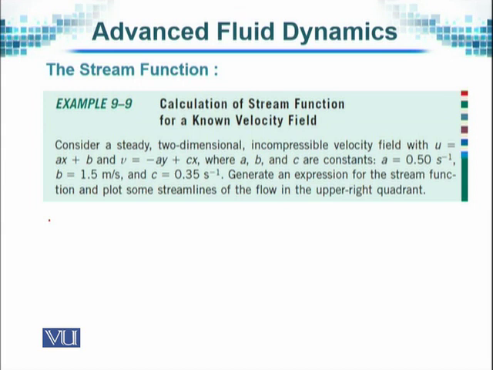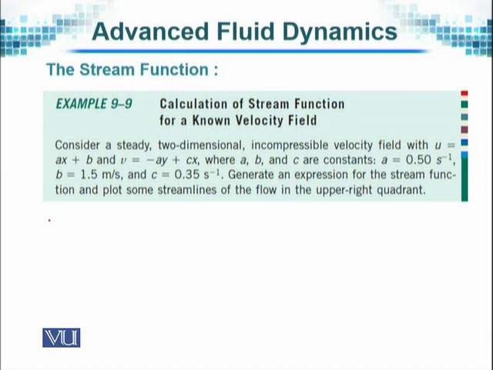So the example is that we consider a steady two-dimensional incompressible flow. So it's a two-dimensional flow, no z component, no w there. Then it is incompressible, no variation of mass or density, so we don't have to worry about that.